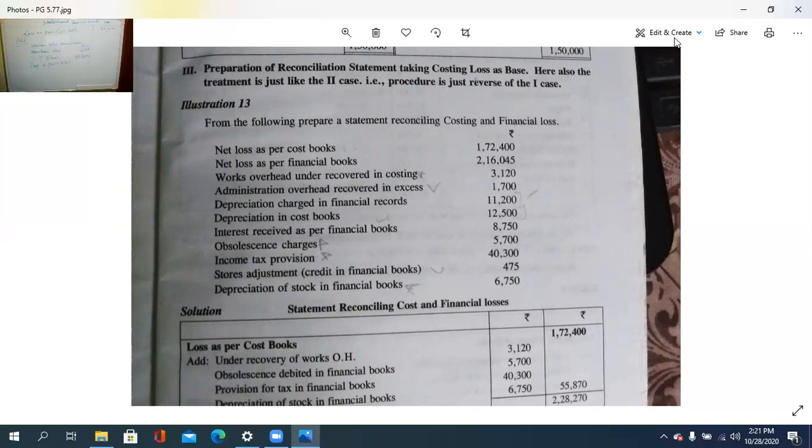So depreciation of stock in financial books is 6,750. Take the total of this: 55,870. So the total is 228,270.